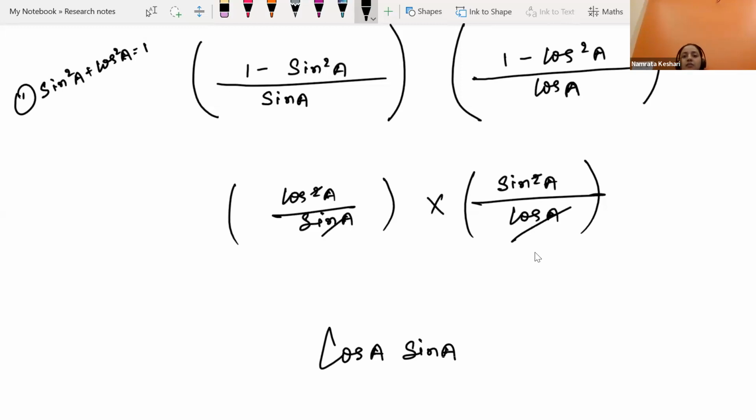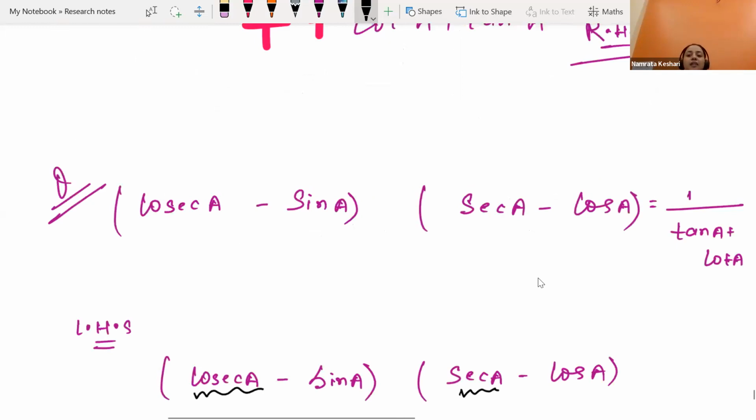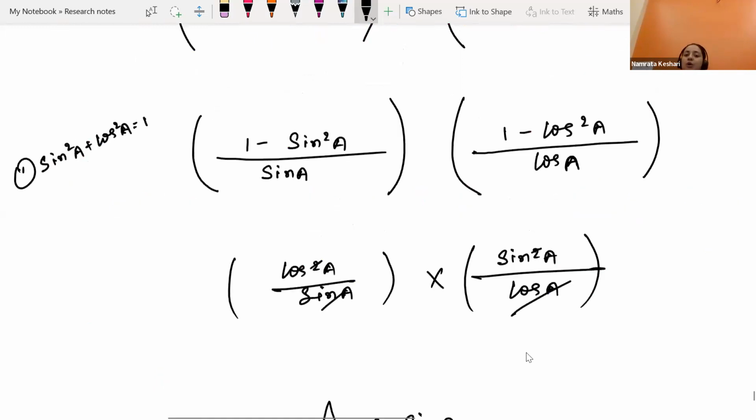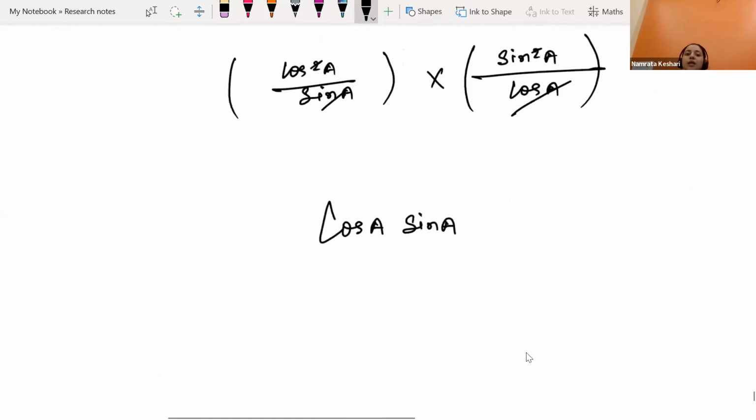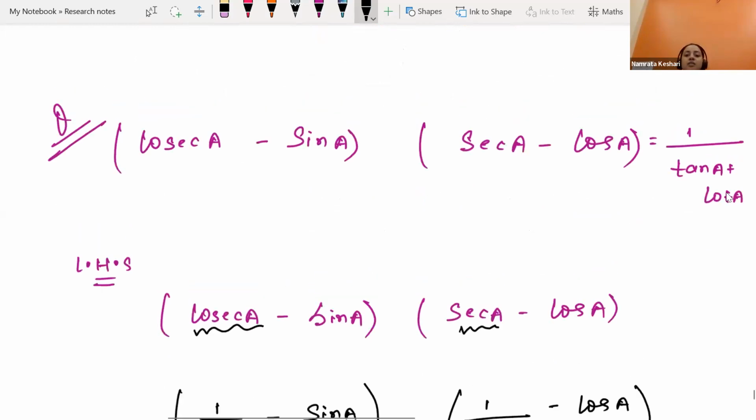Let's see what is there in the proof part. It is 1 by tan A plus cot A. Now there are two options. Either you sit and keep thinking how to make it 1 by tan and cot, or you start working on the RHS quickly, and if we are able to generate the same result from the RHS, then we are done with the proof.